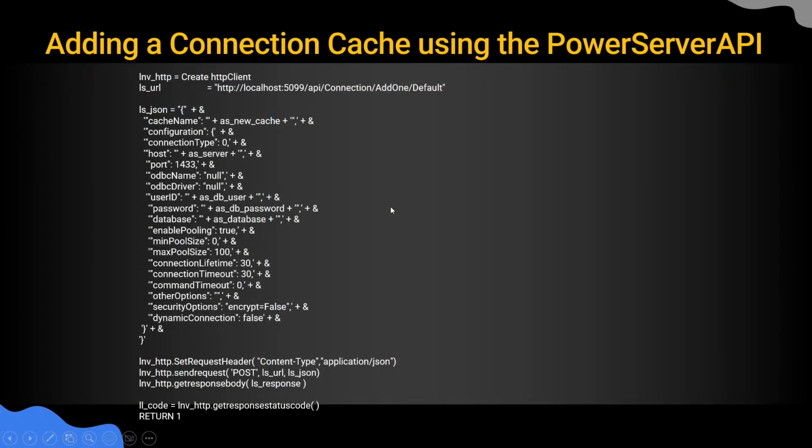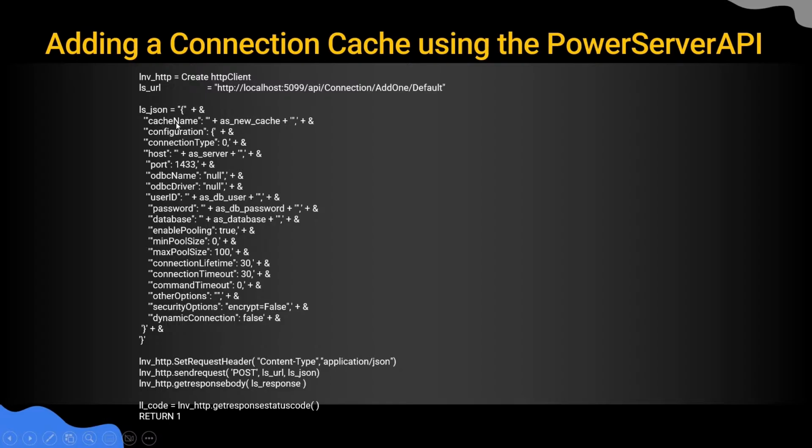And when you create new connection caches using the PowerServer API, then we are going inside PowerBuilder, we are going to create our HTTP client, then we are going to specify the URL. So PowerServer provides this API so you can add one connection cache, and you need to provide all the parameters in the JSON variable.